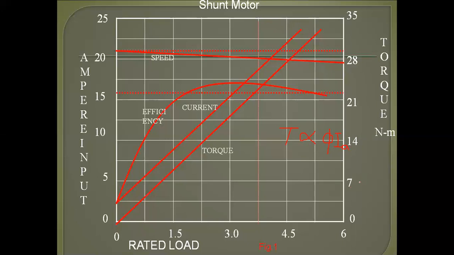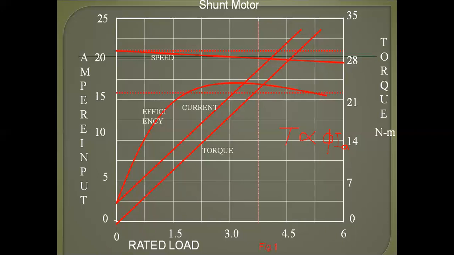Since in the case of a DC shunt motor the flux per pole is considered to be constant, the torque increases with increasing load current following a linear law. That is, the torque armature current characteristic is a straight line passing through the origin.